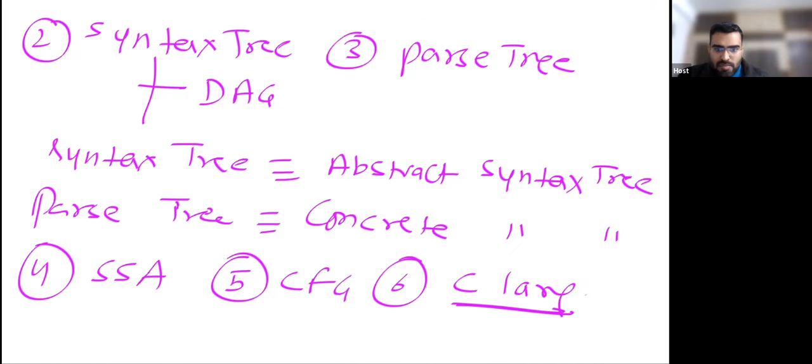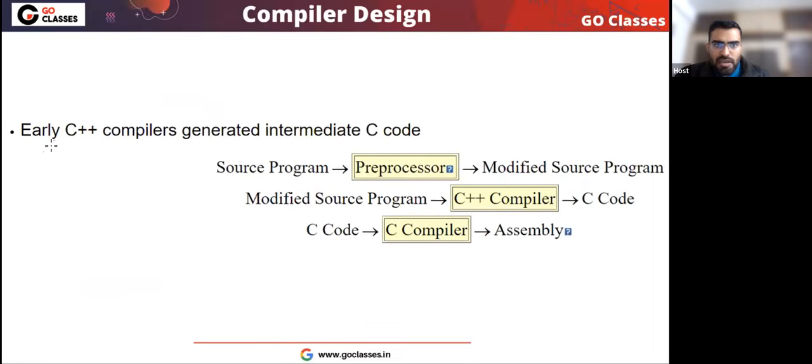So actually, let me tell you what happened. Early C++ compilers generated intermediate C code. Is this clear? Basically, you have a C++ program, which is your source program.